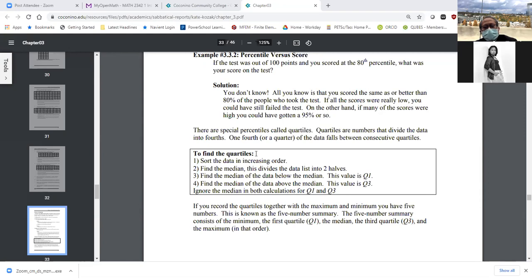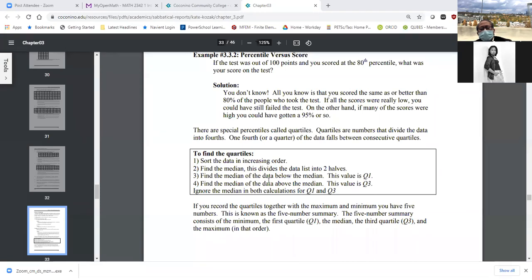So first you need to sort the data in increasing order, and the second step is to find the median. This divides the data into two halves, right? And then find the median of the data below the median, the median of the first half of the data, which is Q1 or the first quartile.